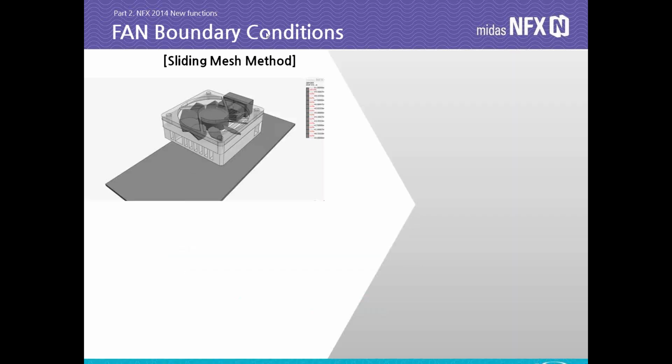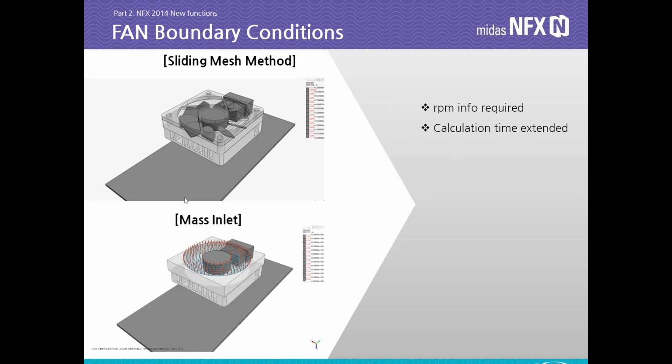What it does, instead of simulating the real fan, it gives you simple fan setting using boundary conditions only. If you simulate using the sliding mesh, the same method that I taught, you can do it, but you need to have the RPM info, and the calculation time will be quite extended.